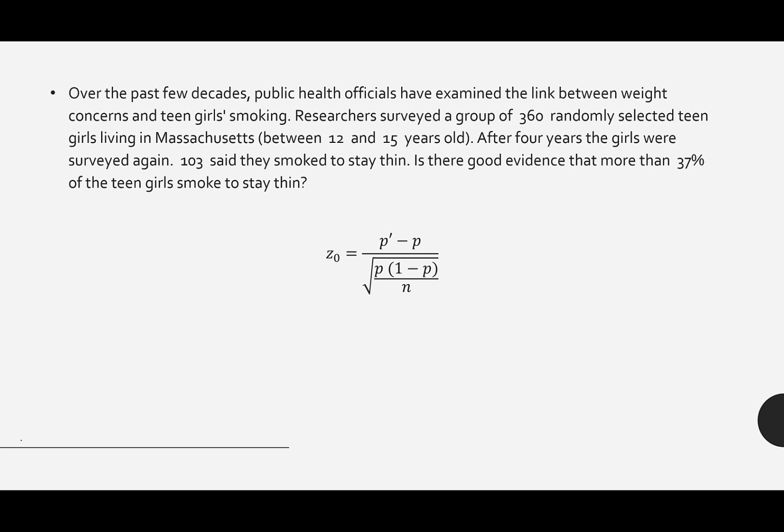So let's put together what we know. Our P prime is going to be equal to 103 over 360. I'm going to call that 0.2861.